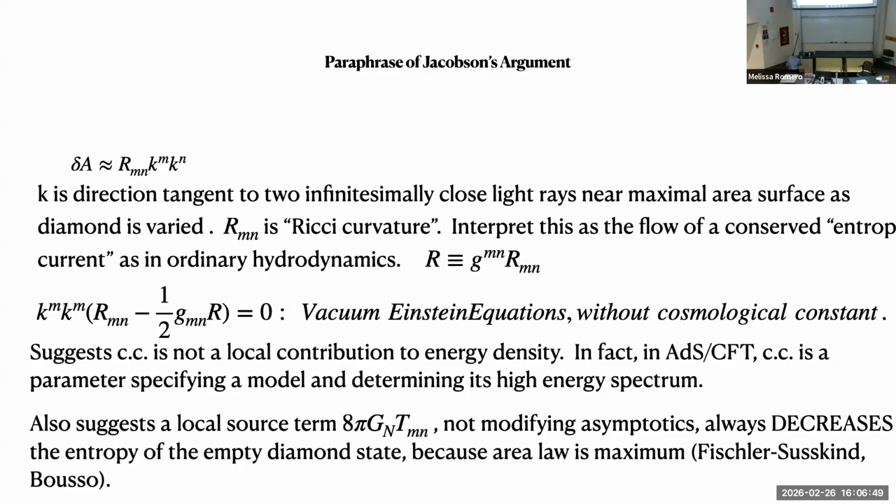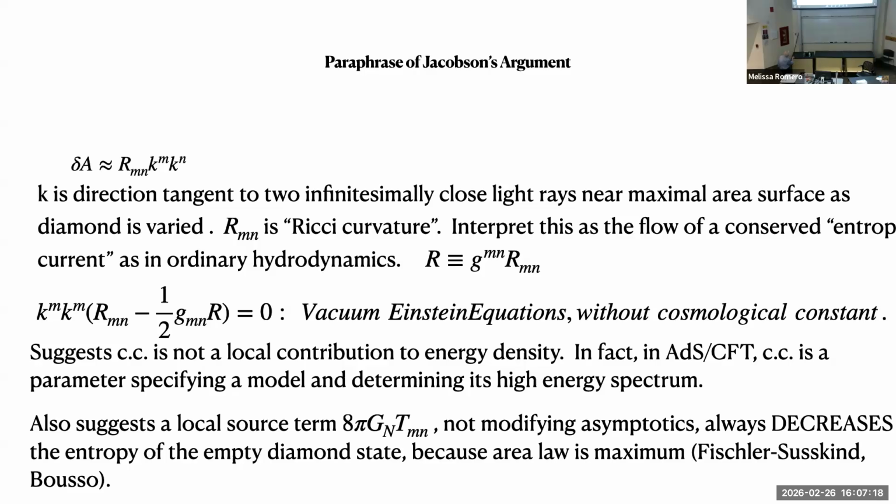This Einstein tensor, set equal to 0, is the vacuum Einstein equation. So it's the Einstein equation without any energy density. This says that we get the Einstein equation, but only dotted into an arbitrary light-like vector, Km. This should be Km, Kn.